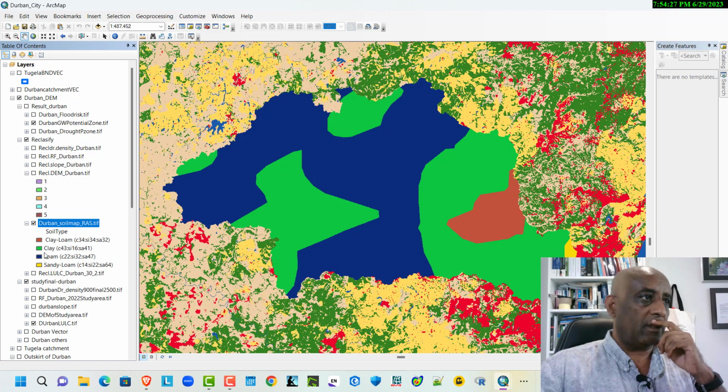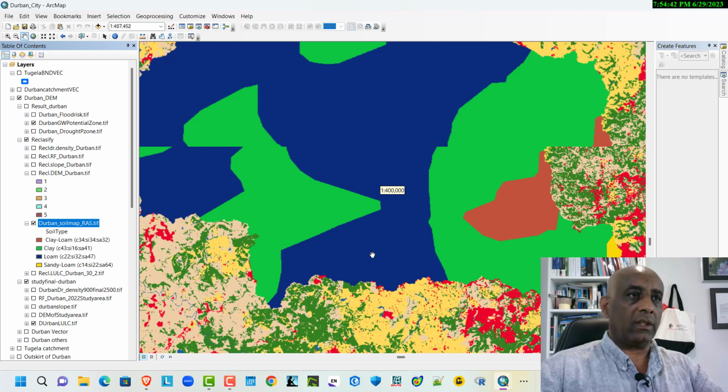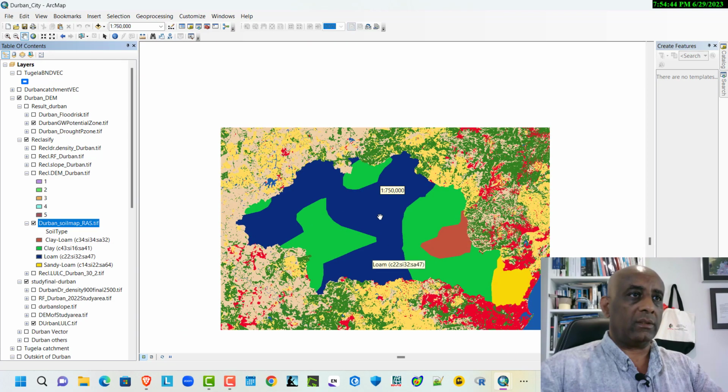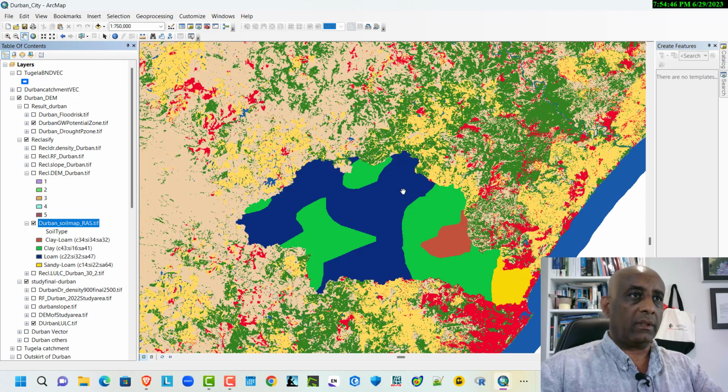We can see the green is clay. Clay loam is this one. Sandy loam is this one. This one is loam soil. Loam soil is just around Pomeroy and Albert Falls, around Albert Falls. Pietermaritzburg is clay.